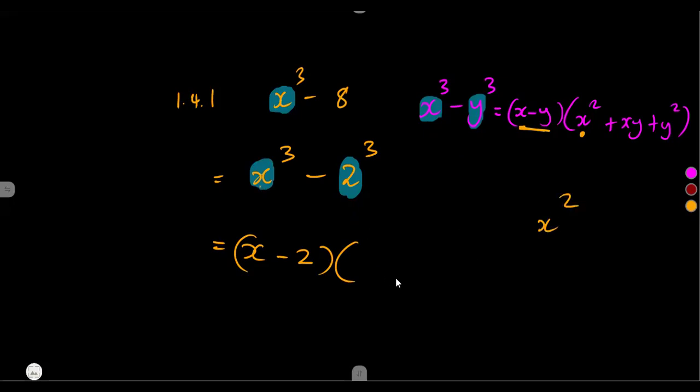So as you can see, the first term, guys, is x, so it's going to be x squared plus xy. Take note, it's going to change to plus. Our x is the first term, and y is representing the last term, which is 2. So multiplying these, we're going to have plus 2x.